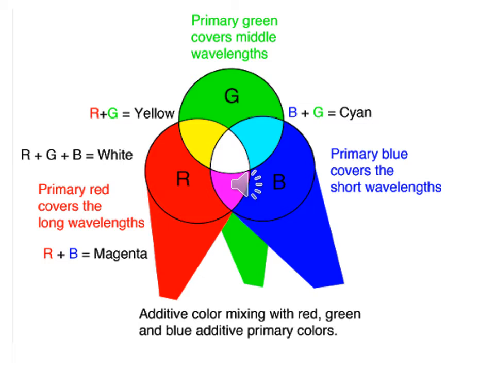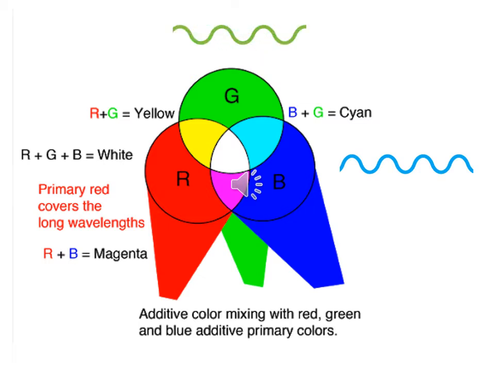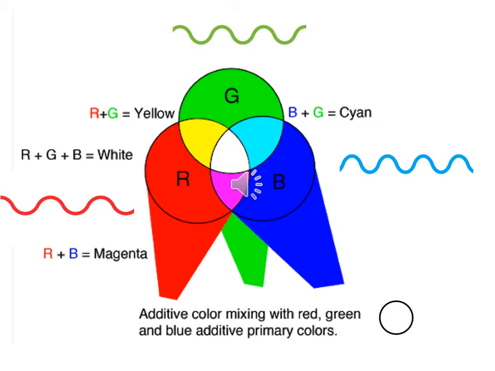And then because these colors of light actually mix, we can perceive lots of different colors. The primary blue covers the short wavelengths of light that come in. The primary green covers the middle wavelengths, and the primary red covers the long wavelengths of light that come in. And when those three colors shine together and are mixed, we see white light.